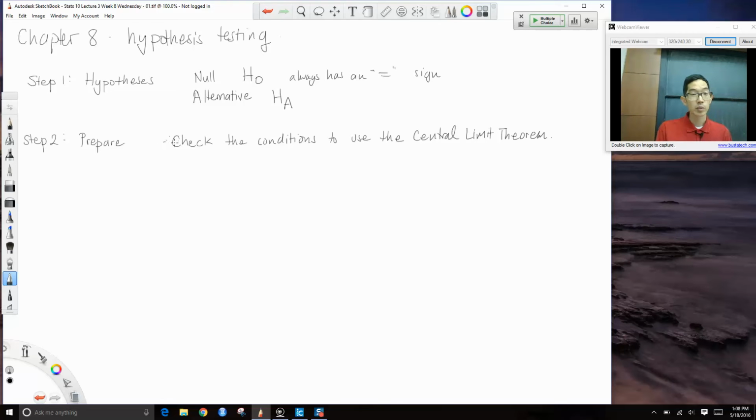We covered this already in the midterm exam that you took, and so when I write problems for the future, I'll generally write them so that the conditions are met. In real life, this is an important step to make sure that we can even use the central limit theorem in this scenario.